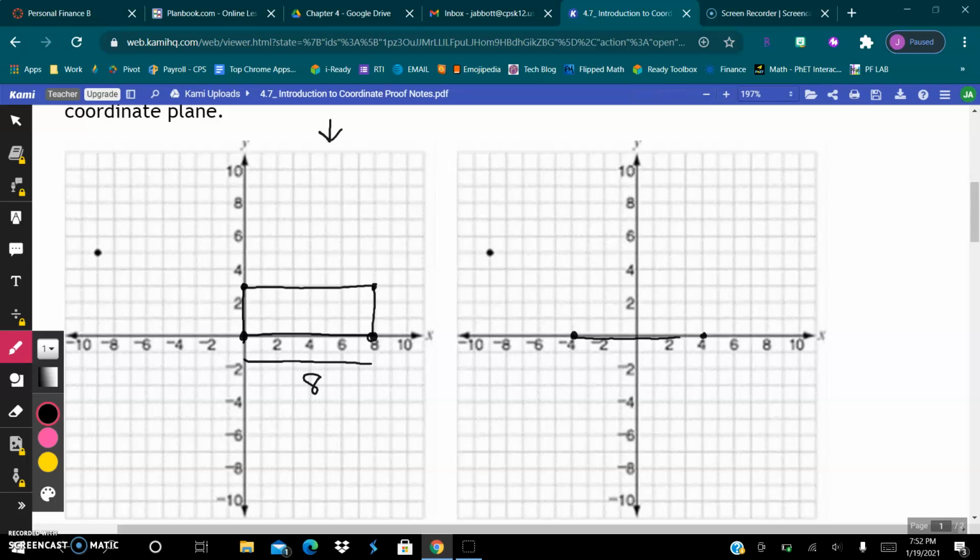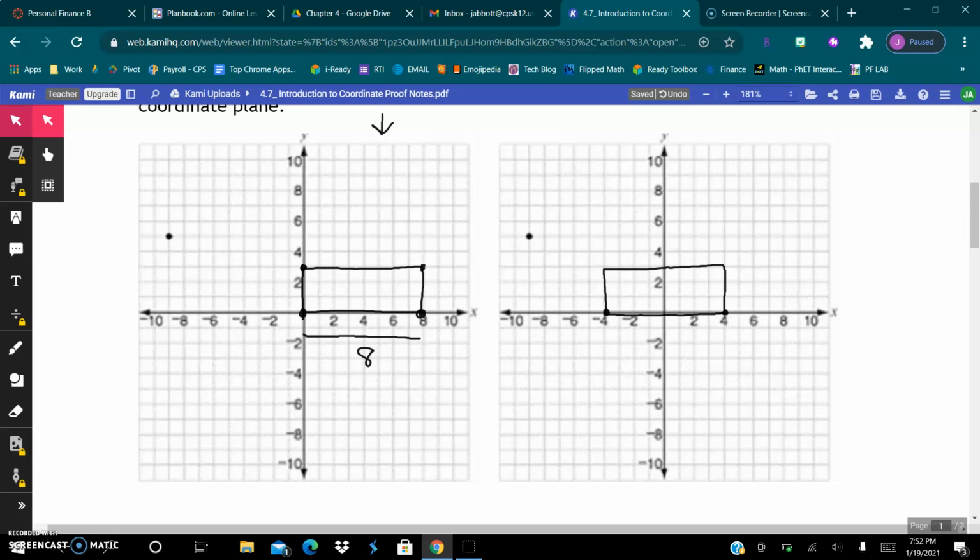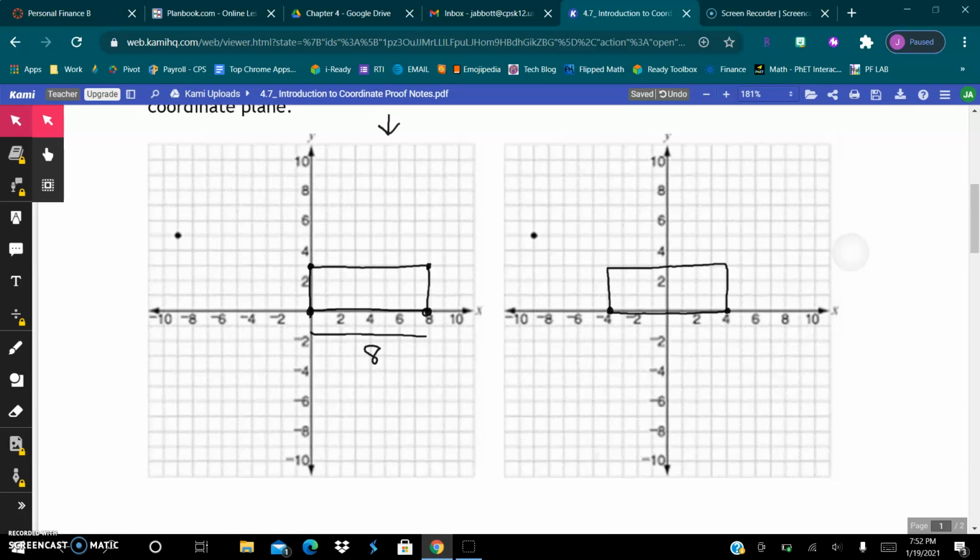So that's still going to have a length of 8, but it's centered at the origin, and then it'll be 3 high. So we could do that. So depending on what we're having to prove depends on which position you want to pick to where you want to graph this. So like I said, there's lots of different options of where you could put it on the coordinate plane.